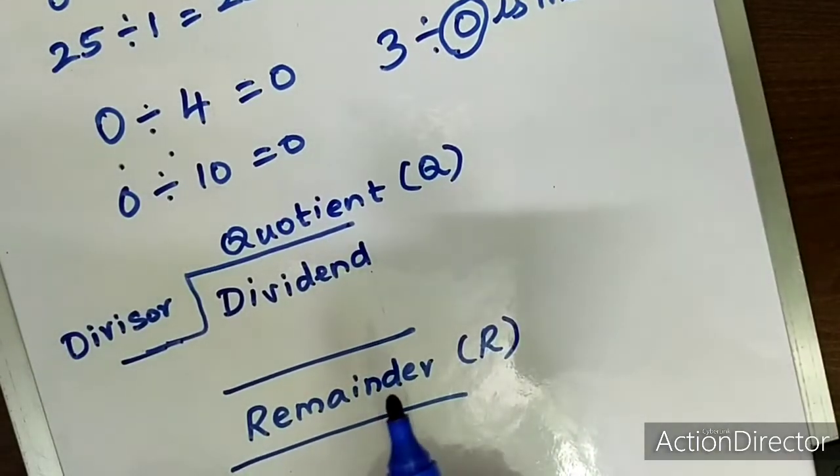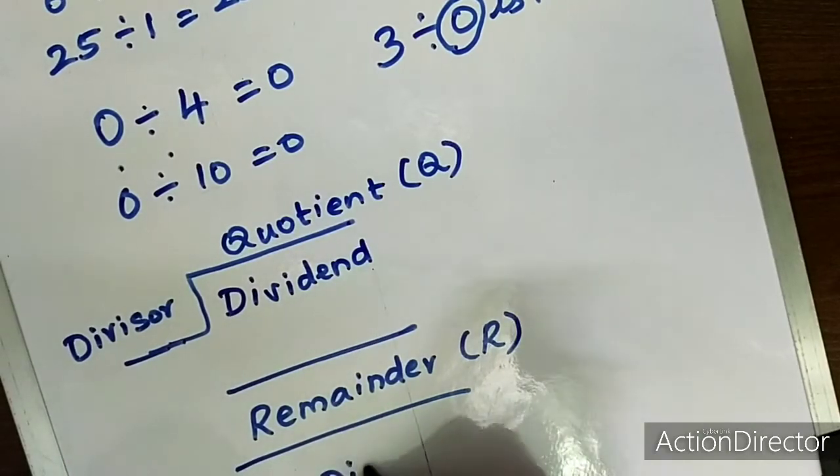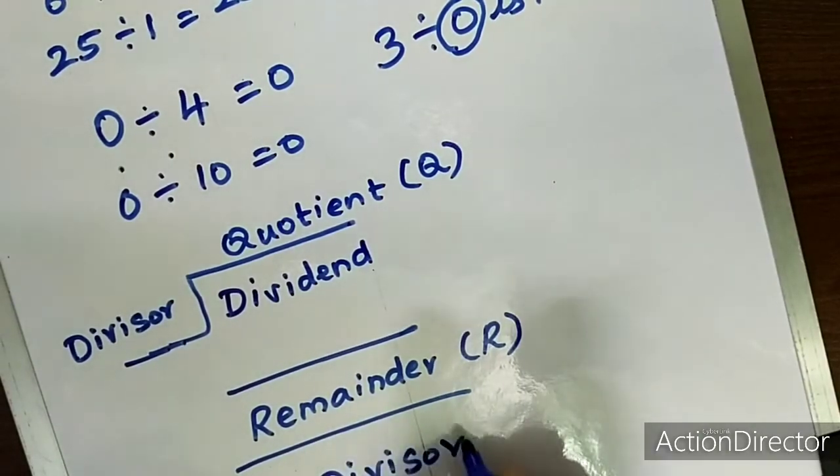One more important thing you should know is, always the remainder will be less than the divisor. Very important rule.